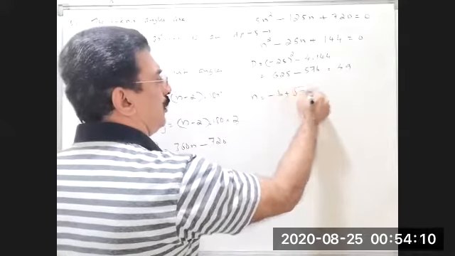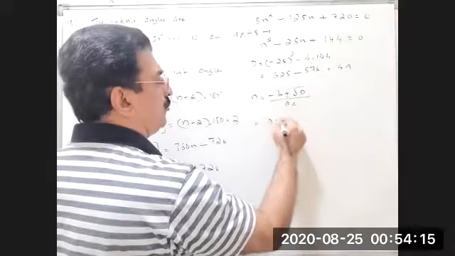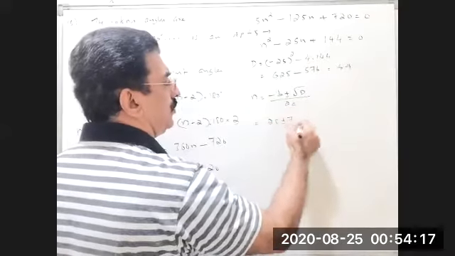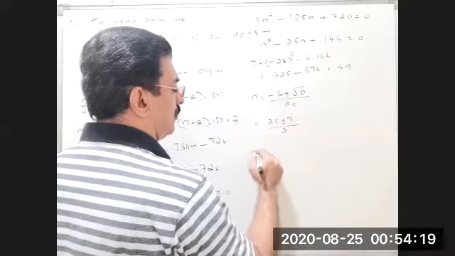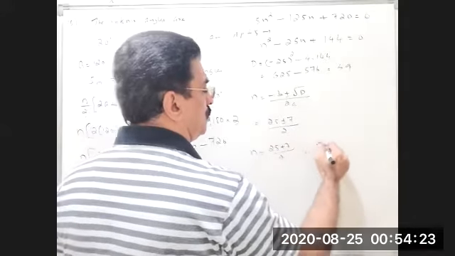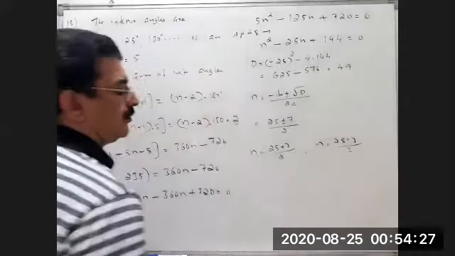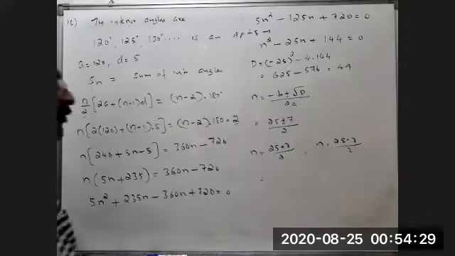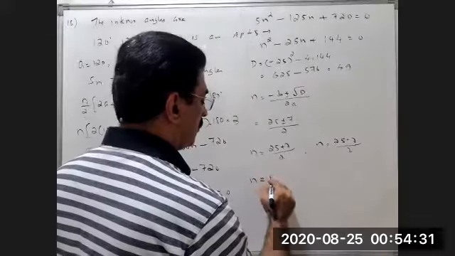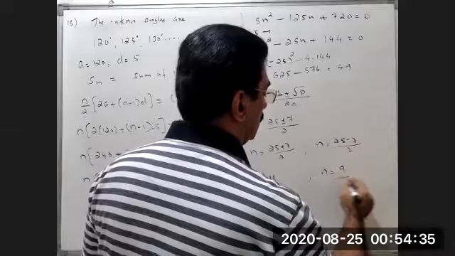Minus b plus or minus root of discriminant by 2a becomes 25 plus or minus 7 by 2. 25 plus 7 by 2, 25 minus 7 by 2. 25 plus 7, 32 by 2, 16. 25 minus 7, 18 by 2, 9.